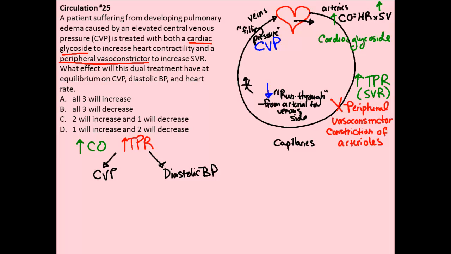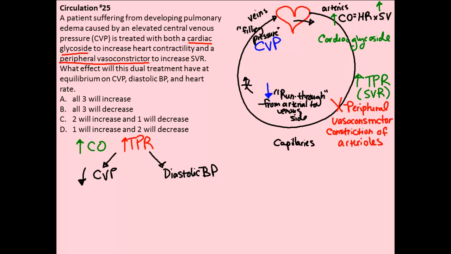So both of those factors together would decrease our CVP. So we already know that one of the factors is going to decrease our CVP, or our central venous pressure, because we've increased cardiac output. We've also decreased our run-through because of this increase in peripheral resistance.